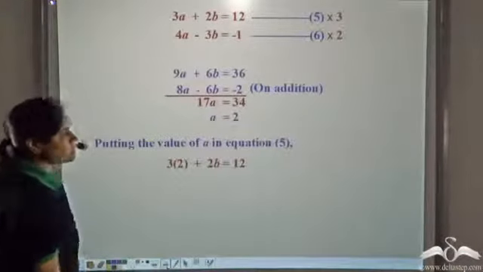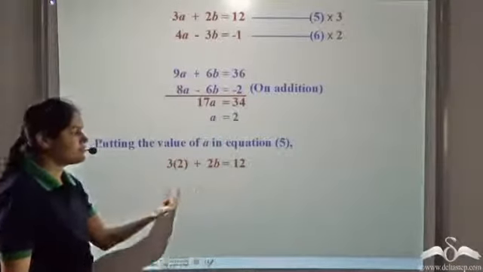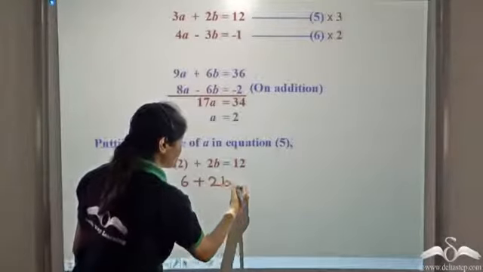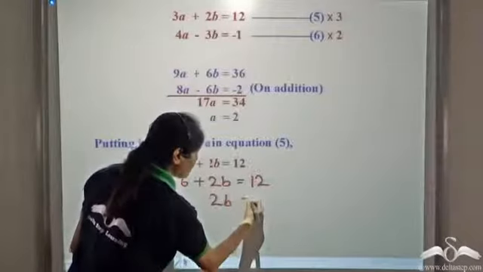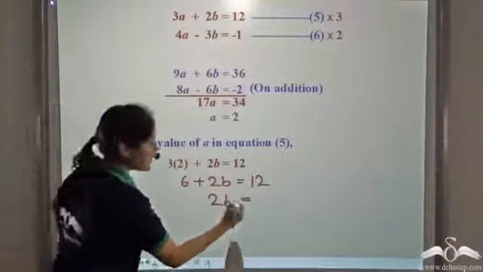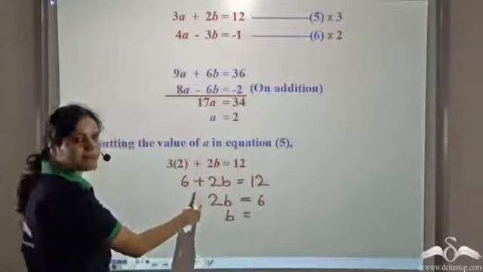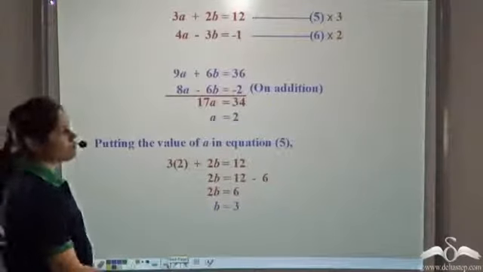So we get this by putting a equal to 2 in equation 5, or 6 plus 2b equal to 12. 2b equal to 12 minus 6, that is 6, and b is equal to 6 by 2, that is 3. So we get b is equal to 3.